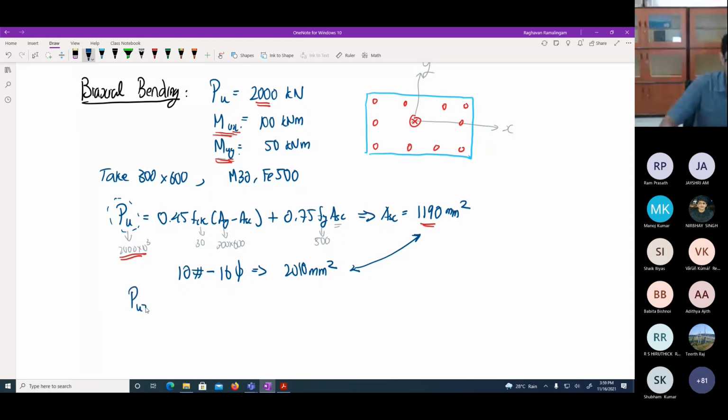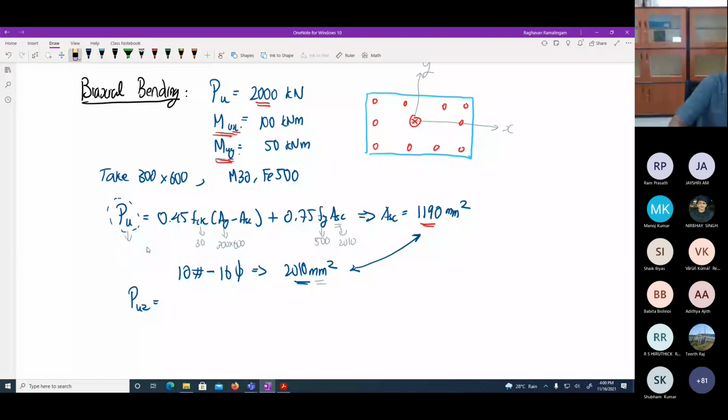Now, PUZ is nothing but the actual capacity with the reinforcement that you decide to provide. It's basically the same formula. Use the same formula; this time you substitute this value as 2010, the one which you decide to provide, and find out how much PUZ you get.